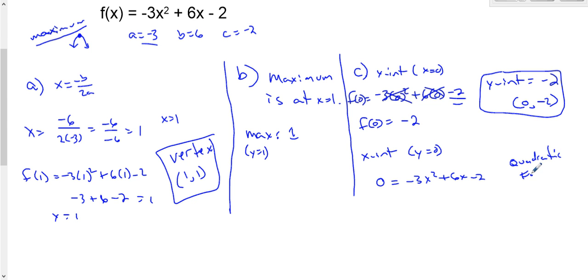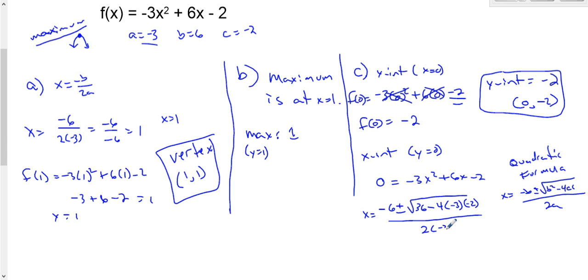The quadratic formula is x equals negative b plus or minus the square root of b squared minus 4ac, all over 2a. We've already identified a, b, and c, so x is equal to negative 6 plus or minus the square root of 6 squared, which is 36, minus 4 times a, which is negative 3, times c, which is negative 2, all over 2 times negative 3.